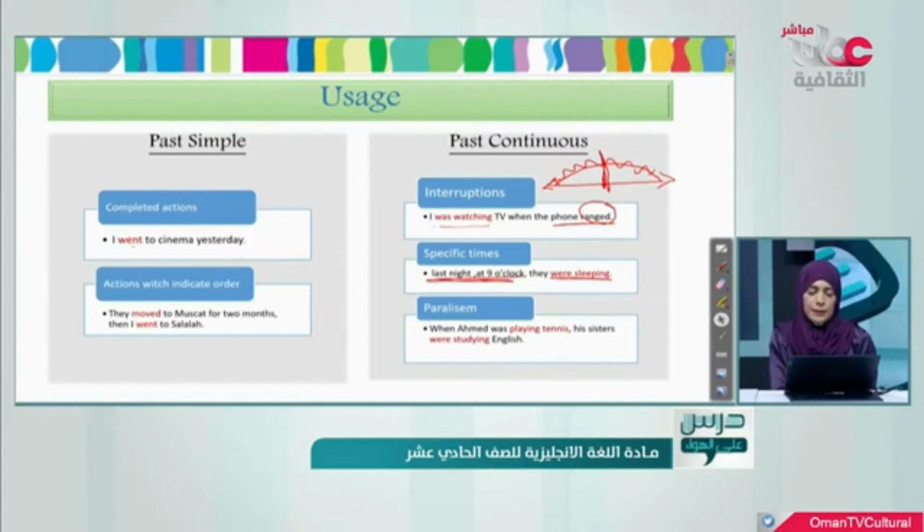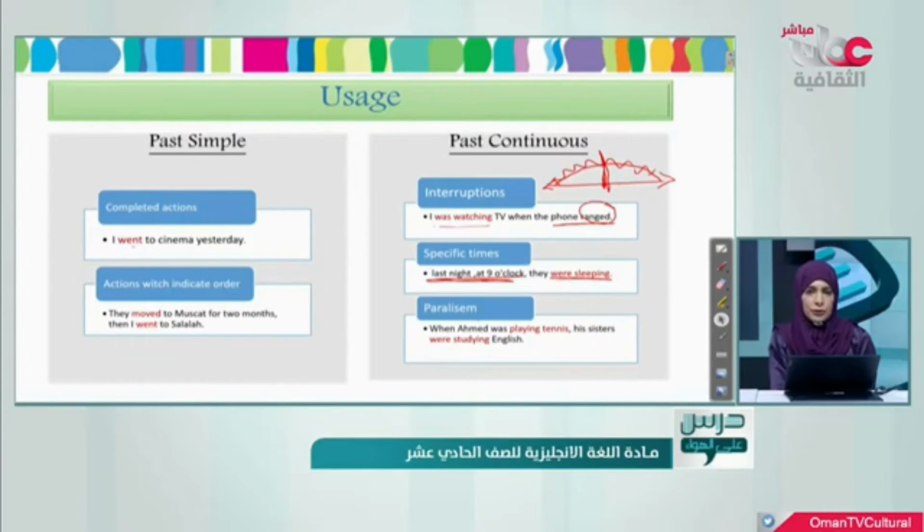The third use is parallelism, which means having 2 different situations happening at the same time, but they are not interrupting each other. Like the example that we have here: when Ahmed was playing tennis, his sisters were studying English. See, Ahmed is working alone, and his sisters were working alone.